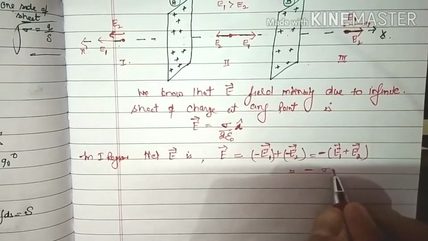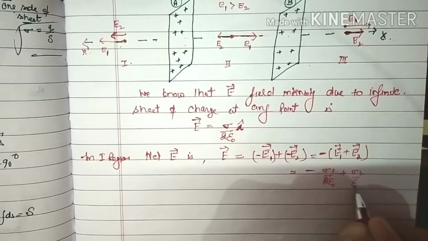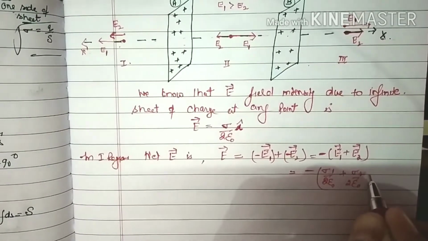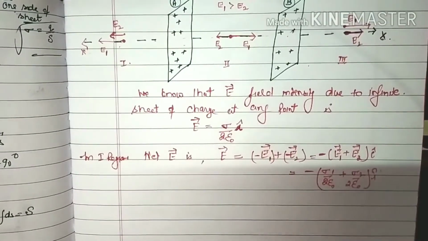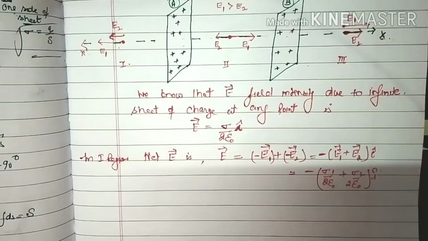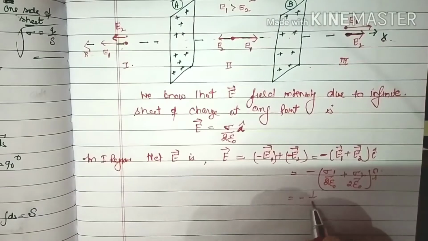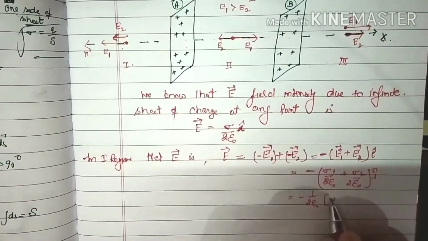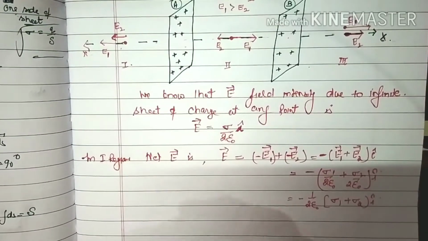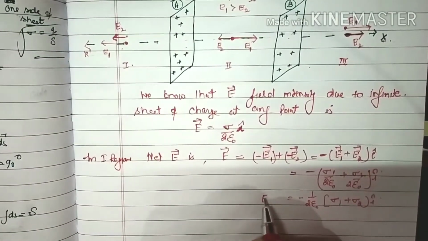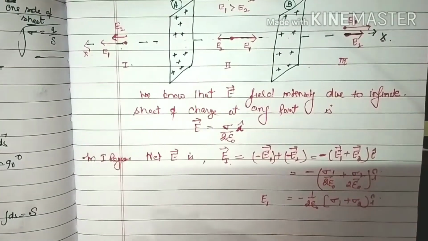We write sigma 1 upon 2 epsilon naught plus sigma 2 upon 2 epsilon naught, with unit vector i. 1 upon 2 epsilon naught is common, then we write (sigma 1 plus sigma 2) along the negative x-axis. This is the net electric field in the first region.